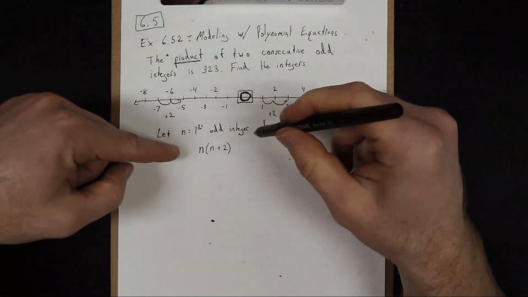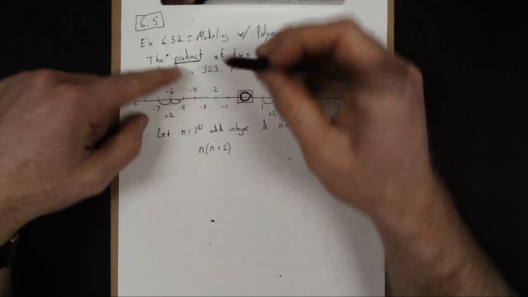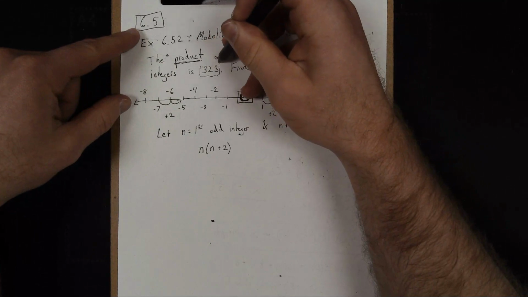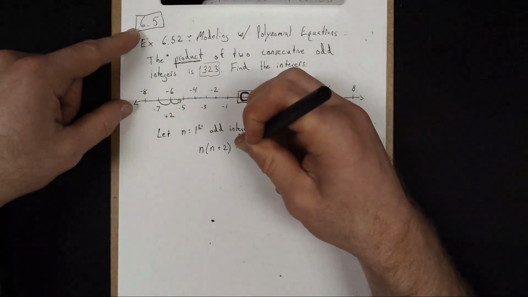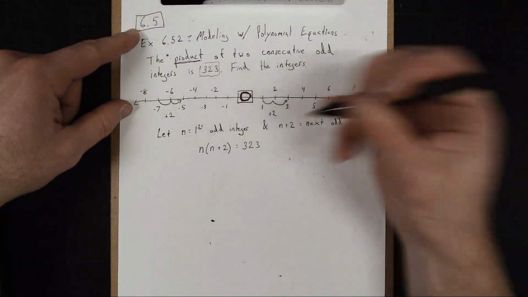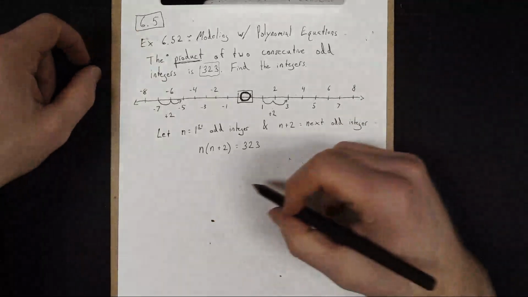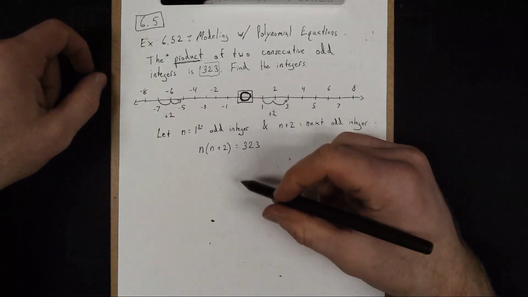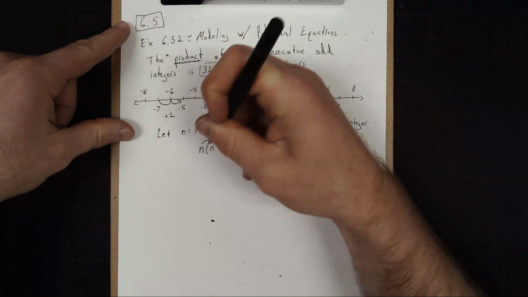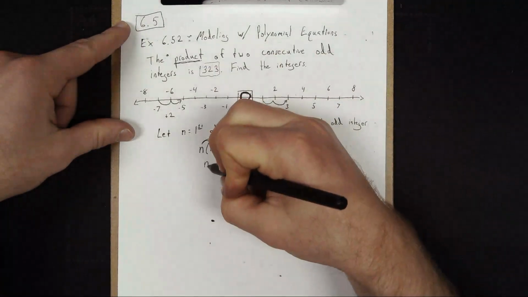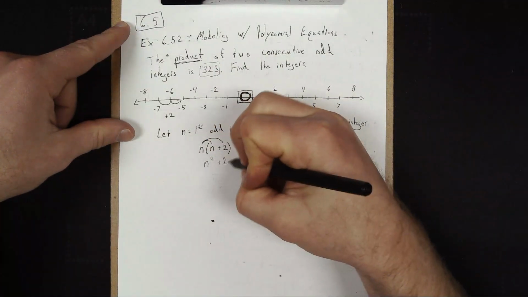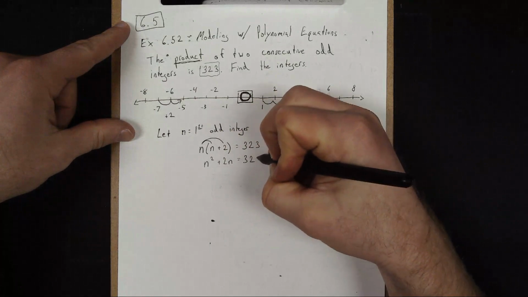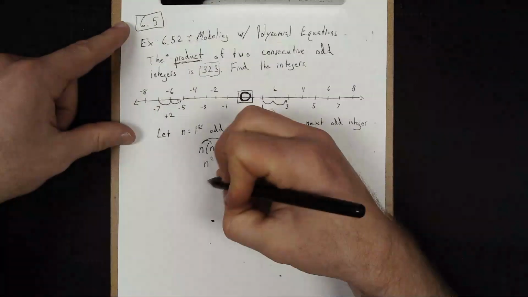And what do they need to equal? 323. Okay, now we solve. So distribute our n. We get n squared plus 2n is equal to 323. I'm going to subtract that 323.